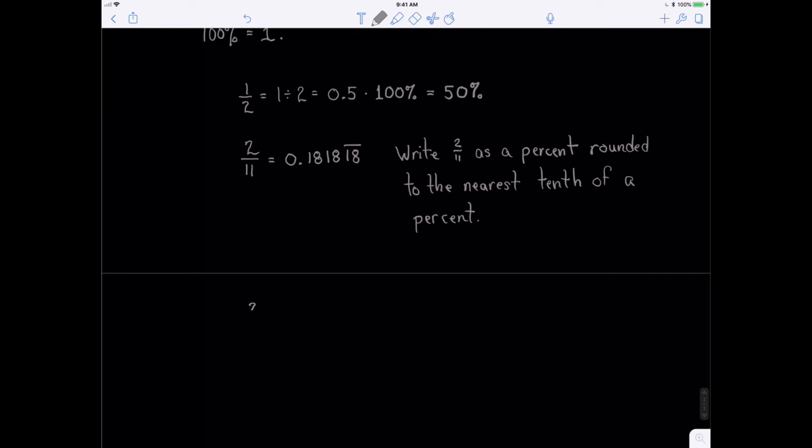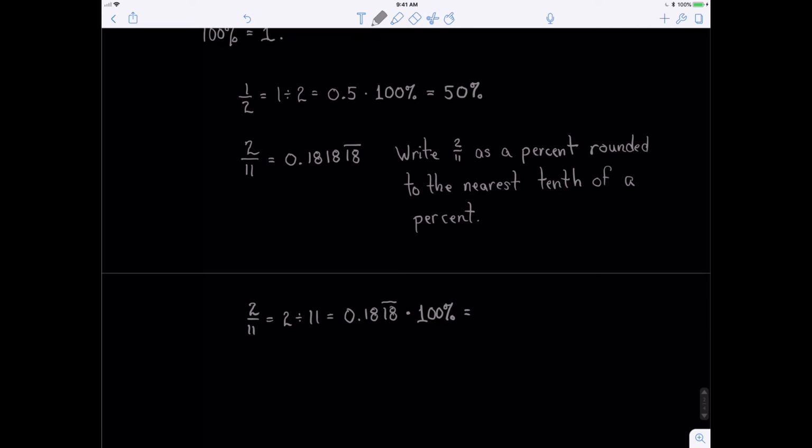If I take 2/11, that means I take the number 2 and divide it by 11, and that gives me my decimal of 0.1818 repeating, and this goes on forever. But now we're going to multiply that by the number 1, and that 1 is the same as 100%.